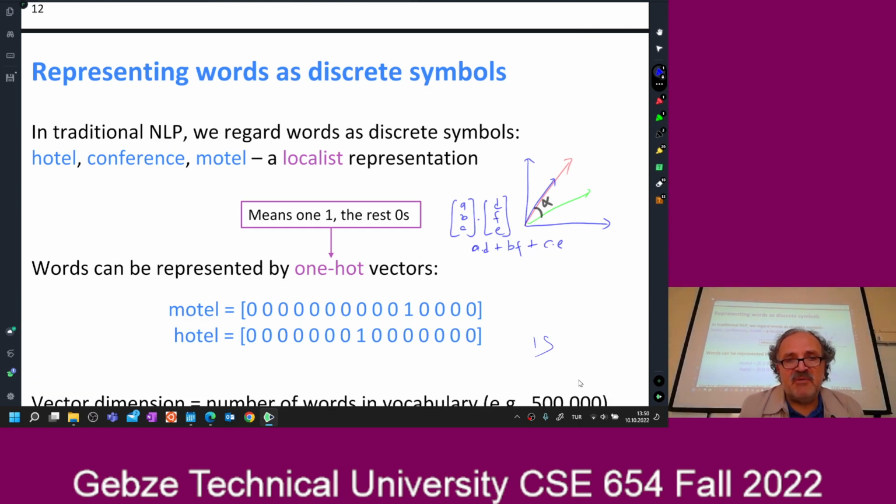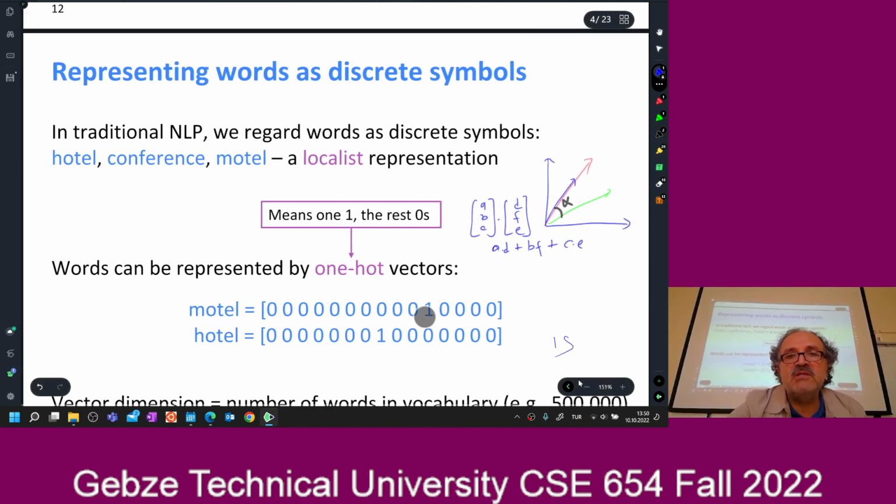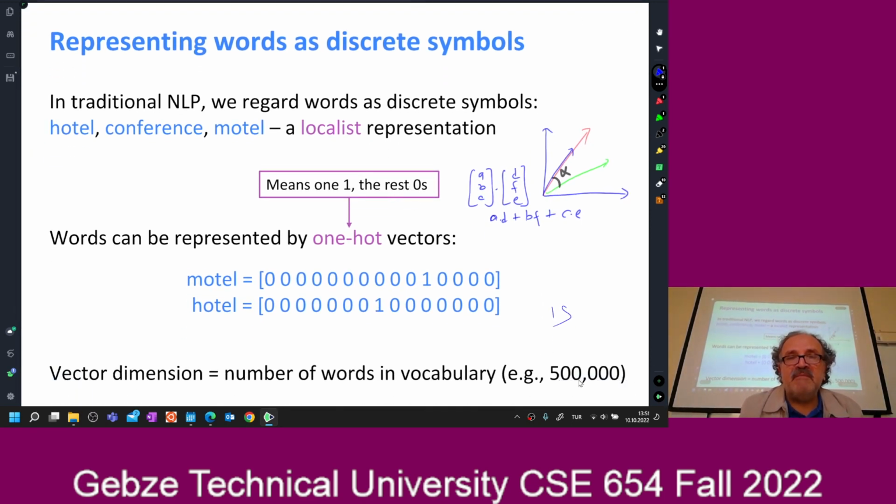But before we start, people try this kind of representation technique. This is still being used. It is useful for many numerical methods. One-hot vectors are the simplest vector approach that you can use for representation of the words. It says this: if I have, let's say, 500,000 words in my dictionary, to represent each word, I will have a 500,000 dimensional vector.